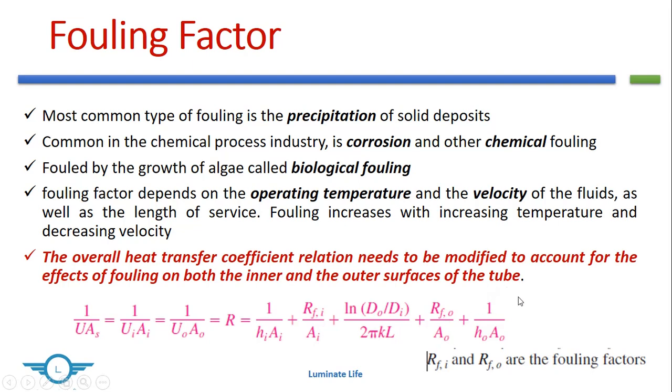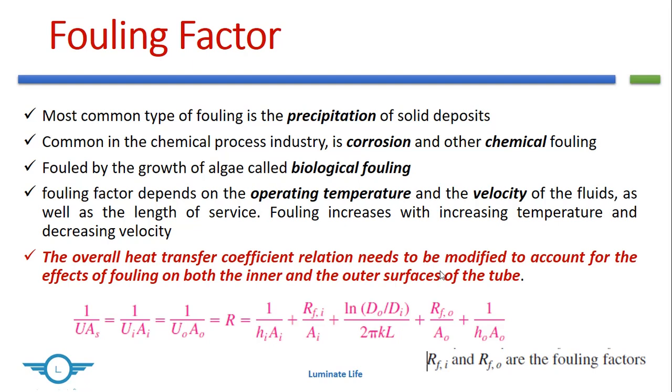So we have to consider fouling, to a certain level, while designing a heat exchanger. Usually after certain operating hours, the heat exchanger is shut down for cleaning. There is a permissible level of fouling, but once that fouling level crosses a certain limit, maintenance or cleaning is generally required.